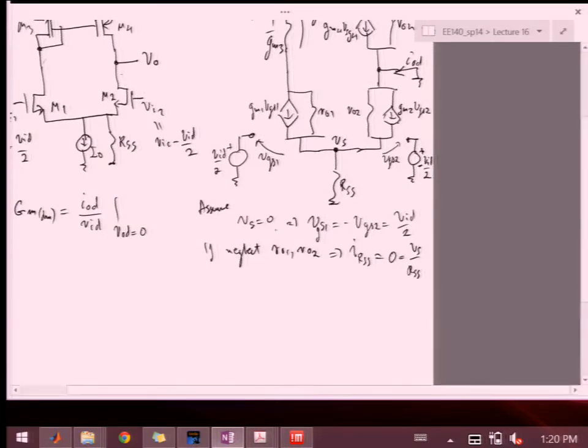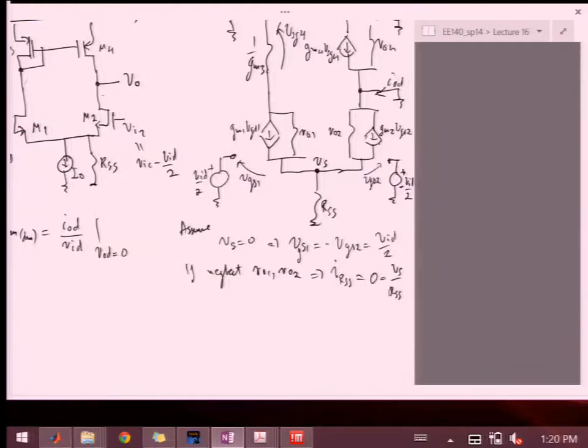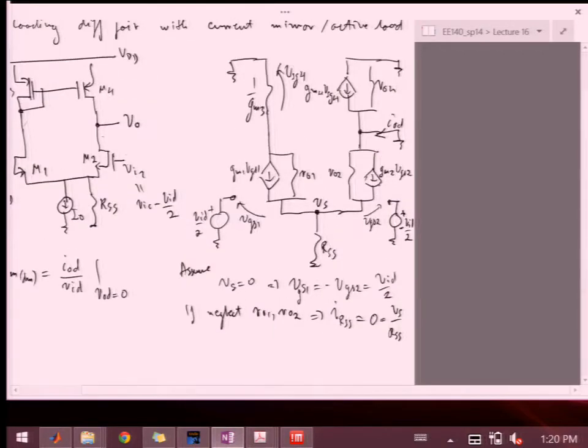So if this is really true, then I can really treat this VS node simply as AC ground. Okay. Still, even though the circuit is not balanced. And if I do that, then I know what this current is, because it's mostly dominated by this GM1 VGS1. RO1 will be lumped with 1 over GM3.